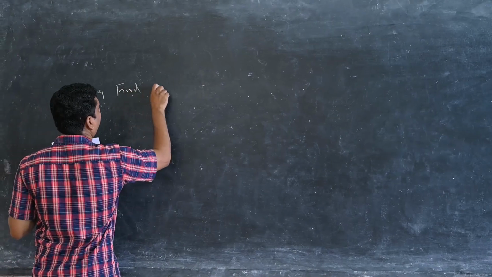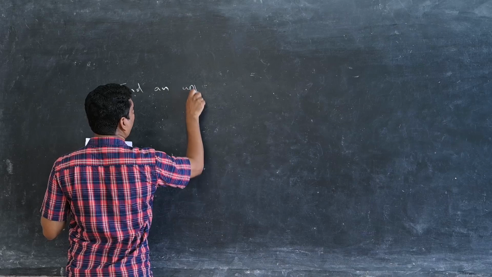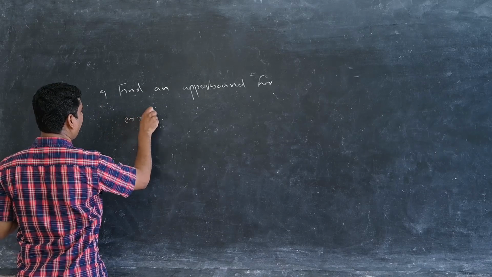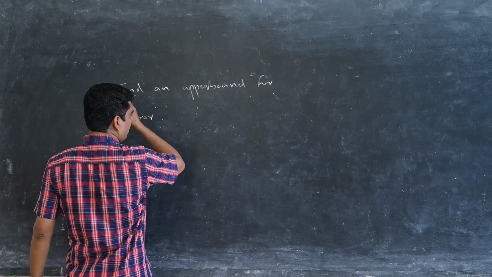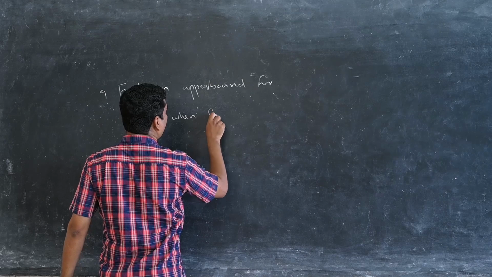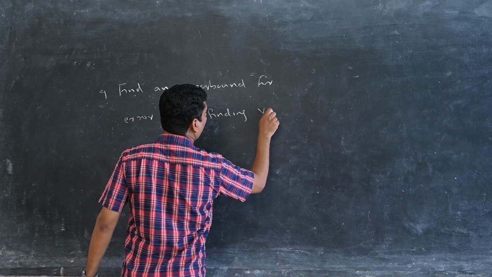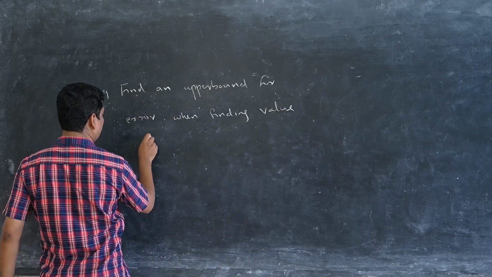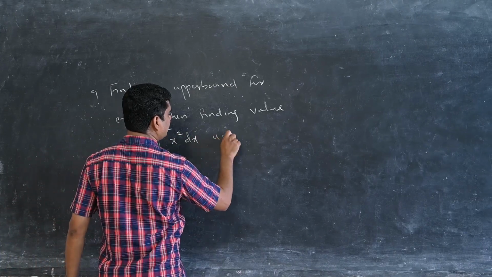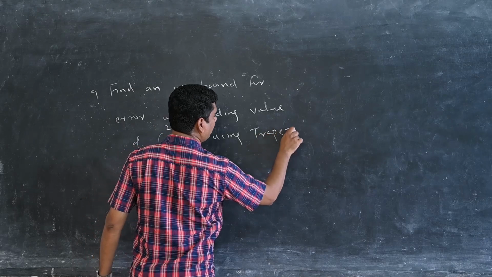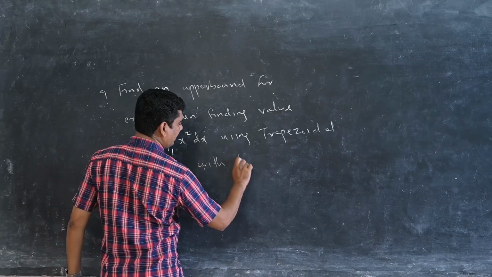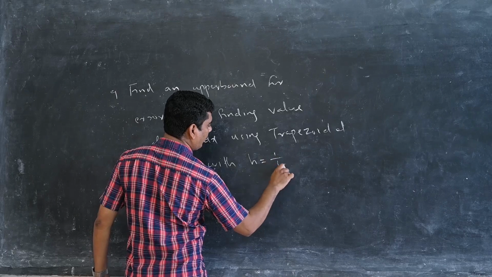Find an upper bound for error when finding value of integral 1 to 2 x square dx using trapezoidal rule with subinterval length h is equal to 1 by 4.